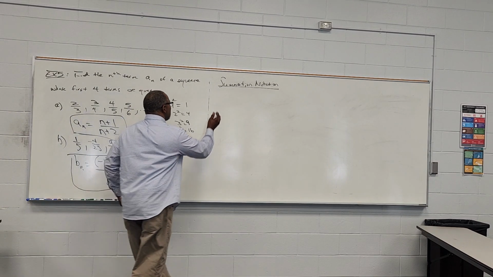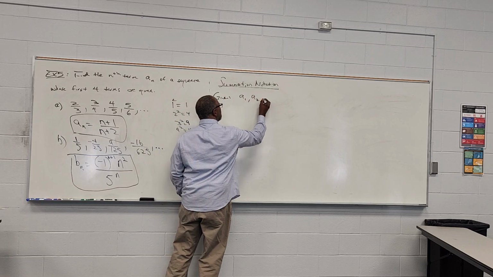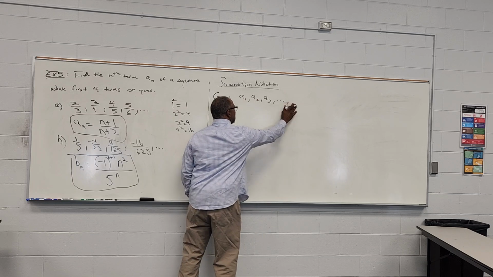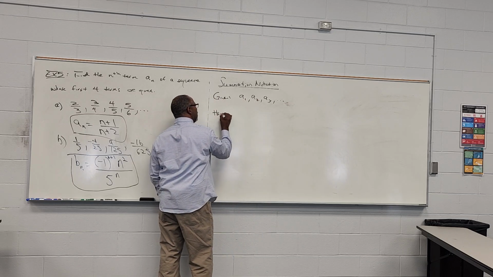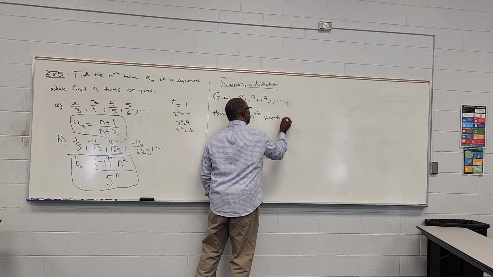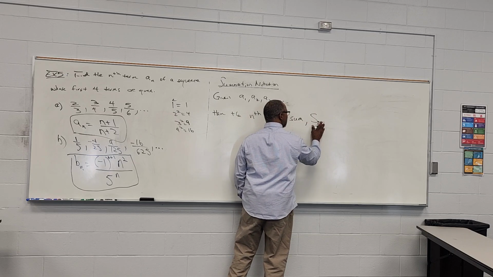So, they say that we're given a sequence. Keeps going forever, right? Then they're defining what they mean by the nth partial sum, and the way we're going to write it is S sub n.